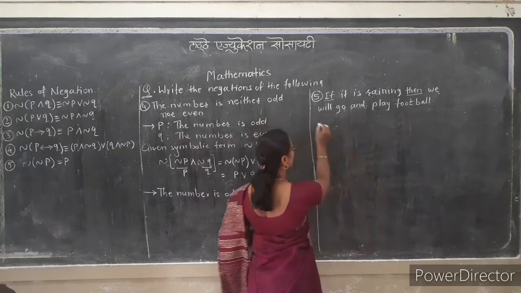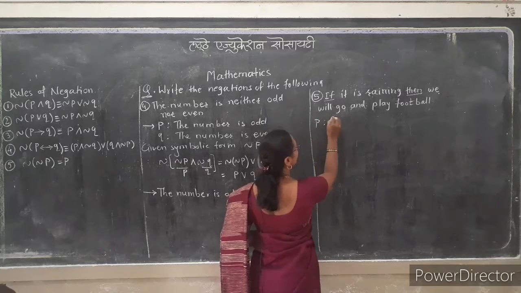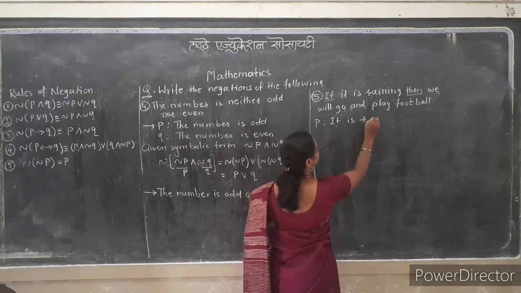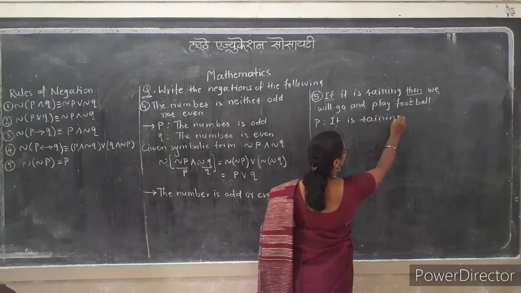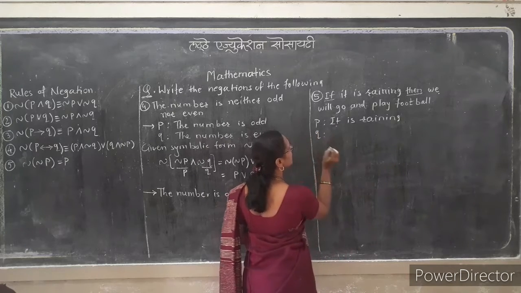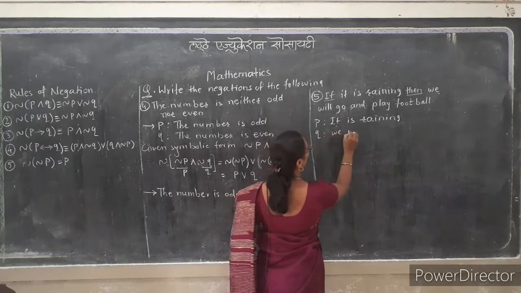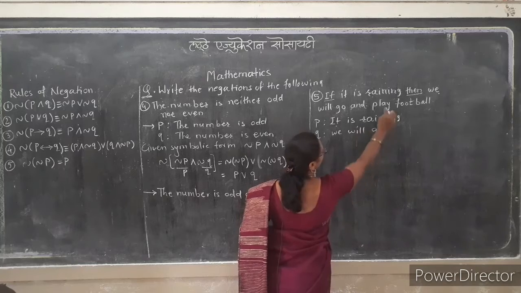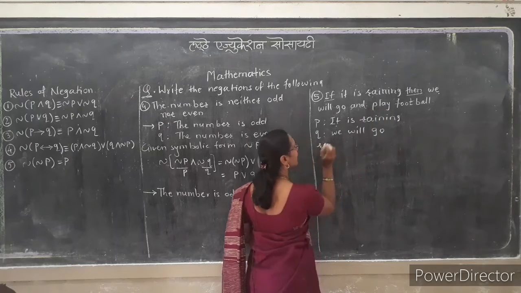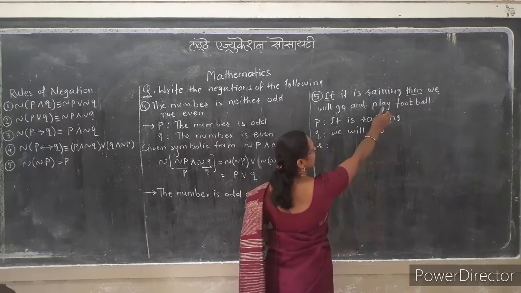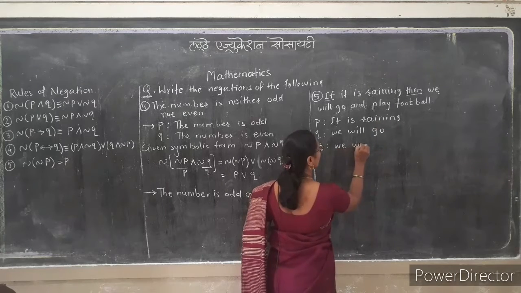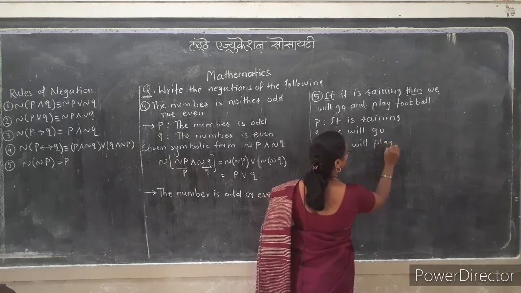Therefore, the first statement is P: it is raining. The second statement is: we will go. And the third statement is: we will play football.